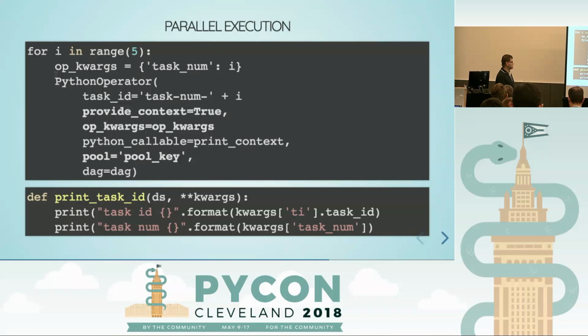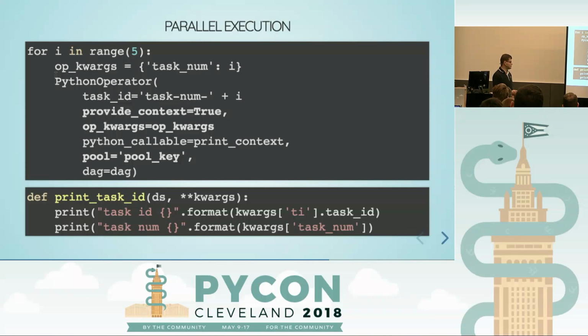Then I'm setting this provide context to true. And the reason I'm doing this is because of the next line, where I have this operation kwargs. I'm passing this dictionary I had from before. Now, what this provide context is going to do is, you remember we had those kwargs that we had printed. If you set the provide context to true, the dictionary we're passing in the operation kwargs is going to be passed over also to our Python function.